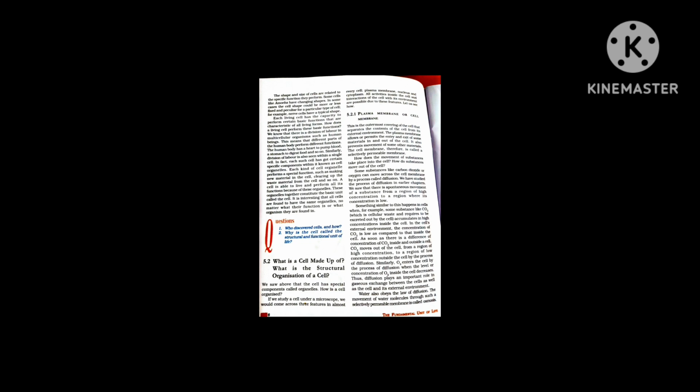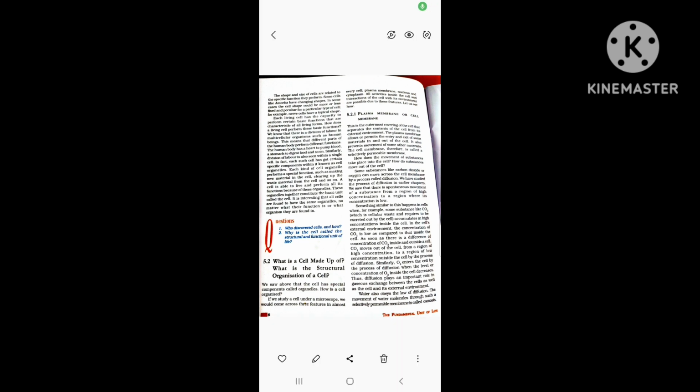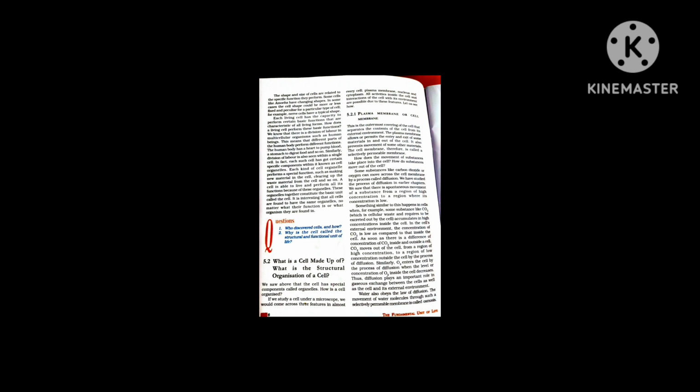And the next topic. What is a cell made up of? What is the structural organization of a cell? We saw above that the cell has special components called organelles. How is a cell organized? If we study a cell under a microscope, we would come across three features. The plasma membrane allows or permits the entry and exit of some materials in and out of the cell.